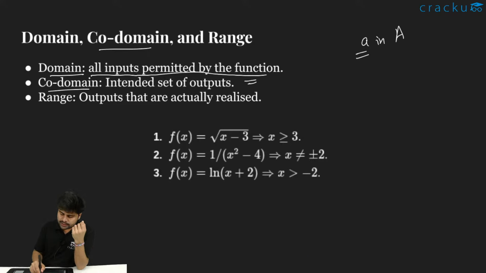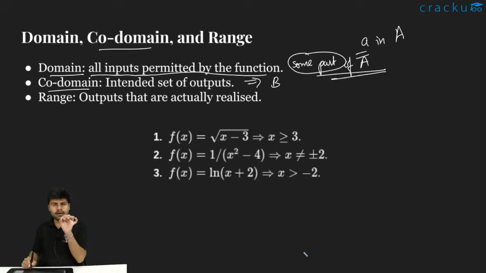So codomain is equal to B. The domain is some part of A, right? It need not be totally A, because A might have some numbers that are not permitted as input, but the codomain will always be B. But if you think about it, when you put some input inside the function, there are some outputs that can be taken, and some outputs that cannot be taken.